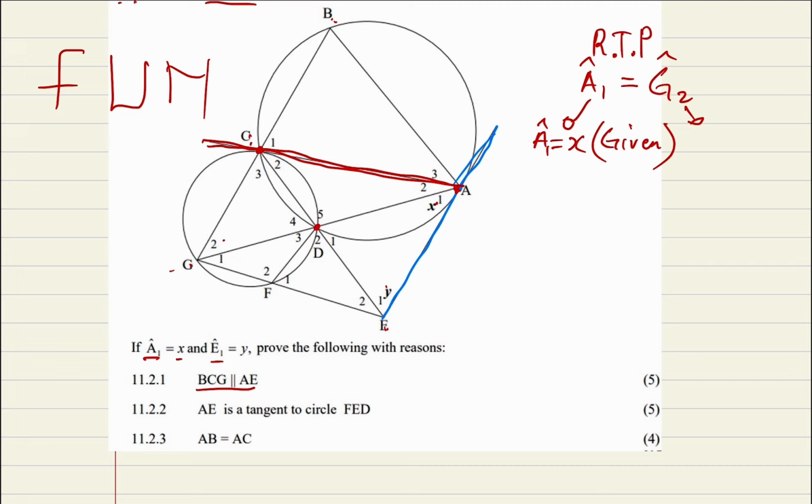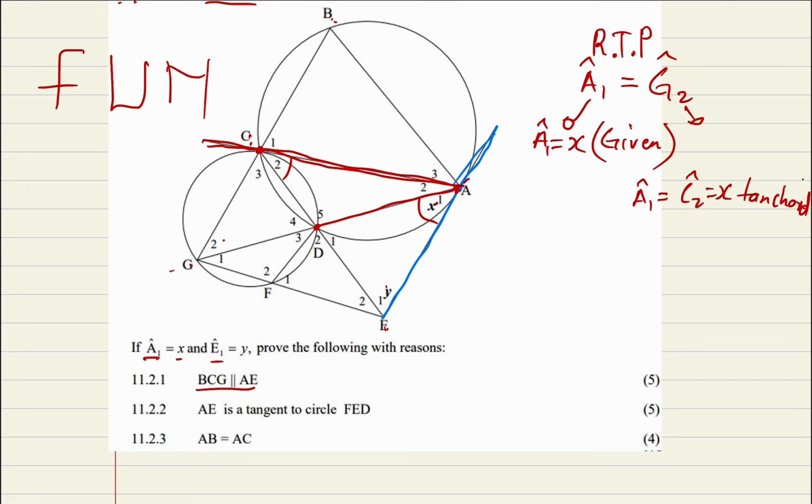Before I go to G2, this is a tangent and this is a chord, hence this angle is equal to that angle. So I will say angle A1 is equal to angle C2, which is equal to X. This is the tan chord theorem.